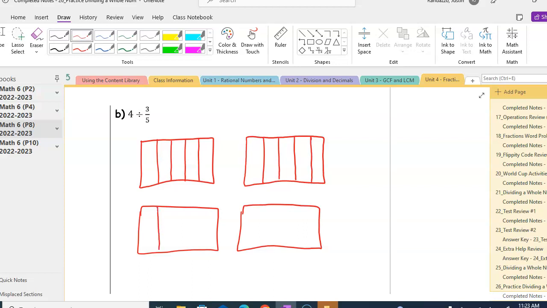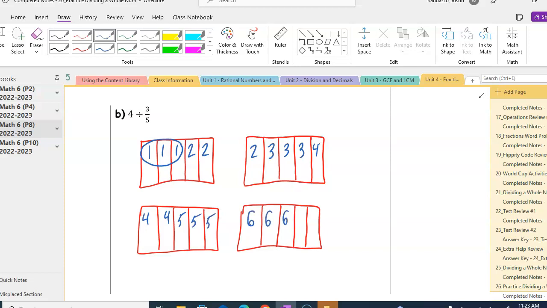Since this is asking us to do 4 divided by 3/5, that means a complete group is going to be 3/5. So that's 3 parts. So when we're making groups of 3/5, we can say there's a group of 3/5 because it's 3 parts, and then our second group, and I'm not going to circle it going across the models just because it gets a little bit messy, but I know that every 3 parts represents a group of 3/5.